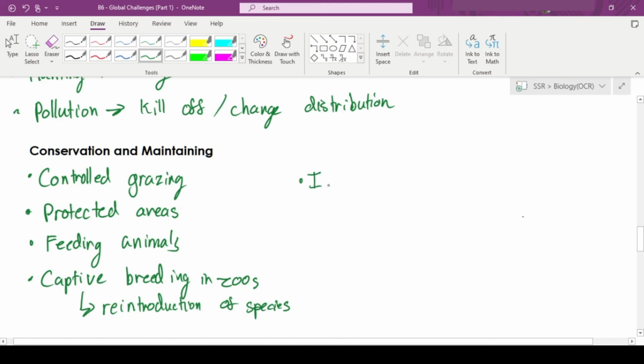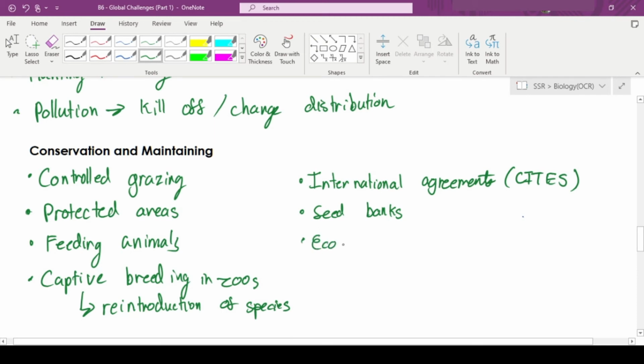The next thing we need is international agreements, because animals don't recognize borders, and so you need to have an agreement between countries to stop this from happening. So one example is CITES, which is the Convention on International Trade in Endangered Species. It makes that illegal. We can use seed banks to store seeds and to reintroduce them into the environment.